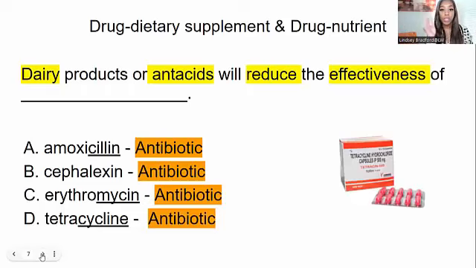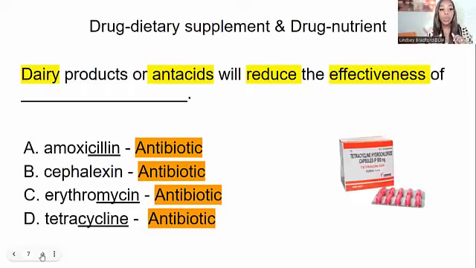Drug to nutrition means that the drug is interacting with the food that the person is eating. Drug to dietary supplement means the drug is interacting with vitamin C, vitamin D, vitamin K, and so on. A drug can interact not just with supplements, but also with the food that you're eating, okay?